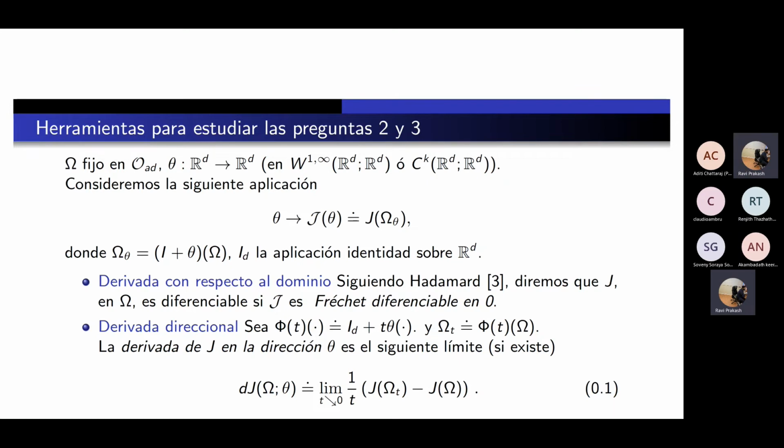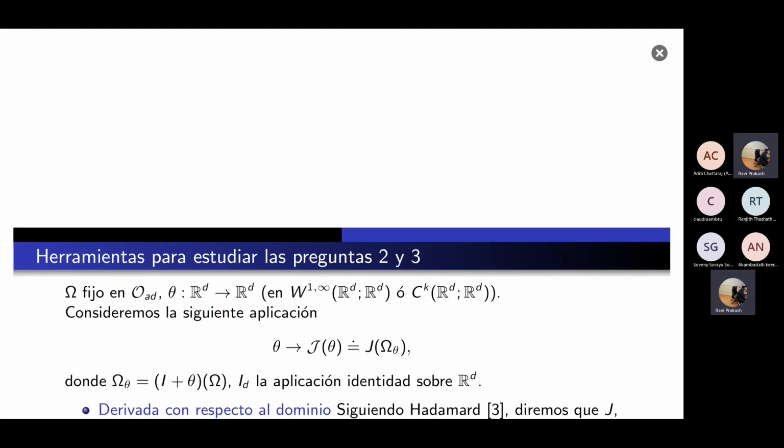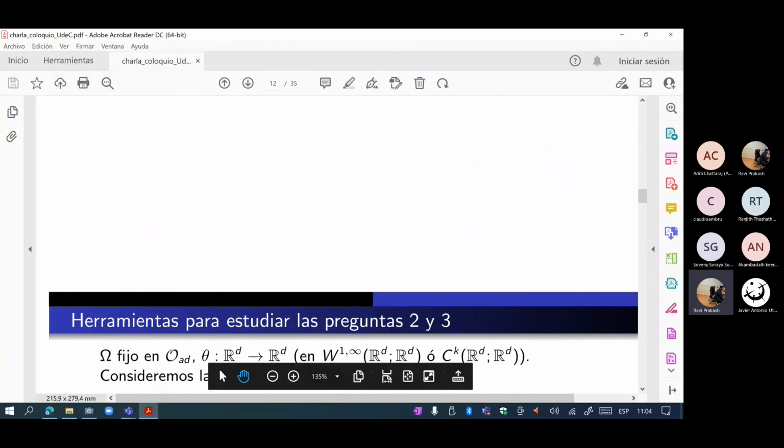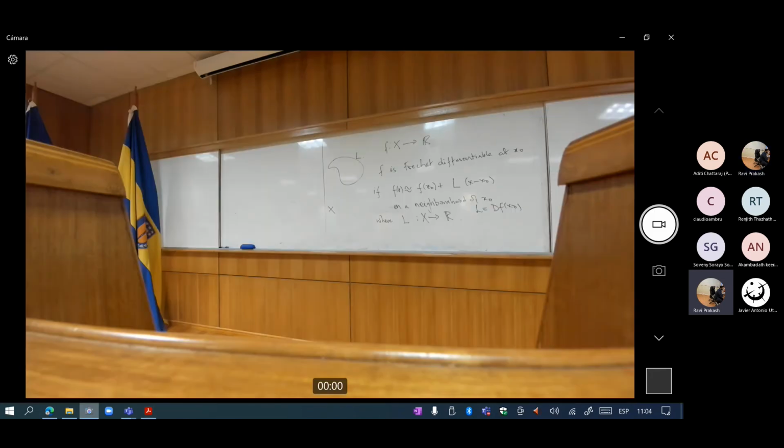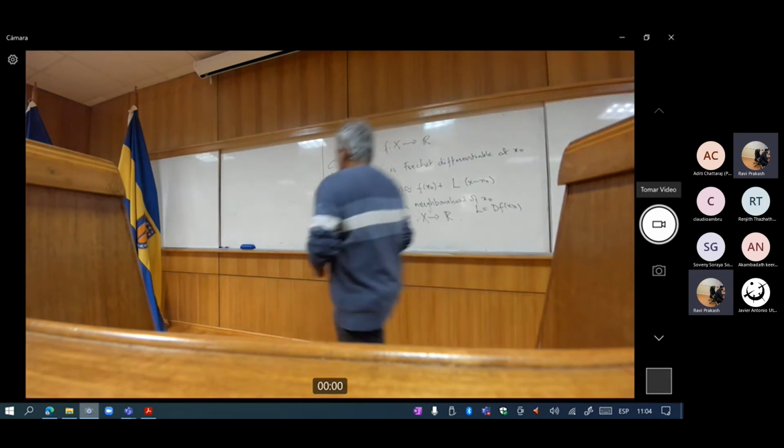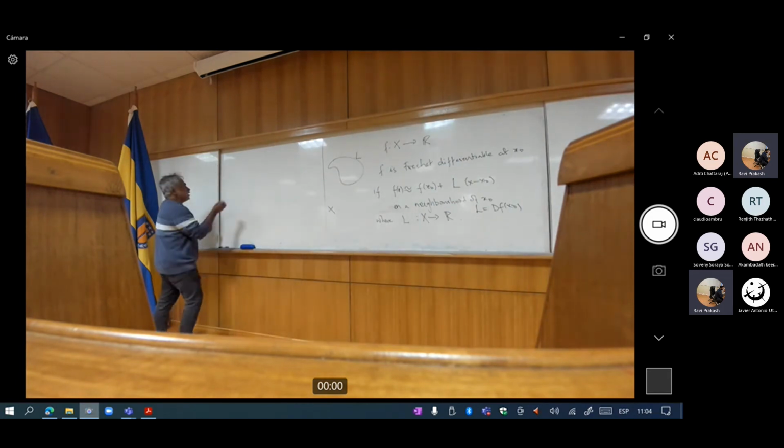So now I think I will try to use the camera a little bit.